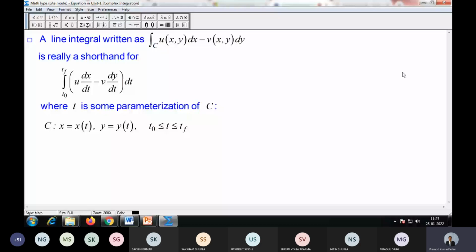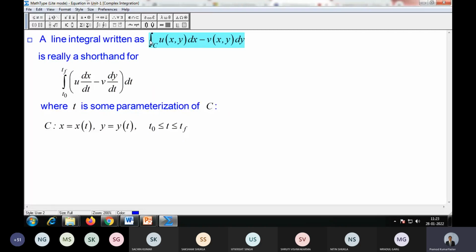It means x and y may be reduced in terms of t, dx may be reduced in terms of t, u(x,y) and v(x,y) will reduce in terms of t, and dy will also reduce in terms of t. So in this way, this whole integration will reduce to a single variable t. And if it reduces to a single variable t, then that integration can be done easily, because you have been studying it since your 10th class.